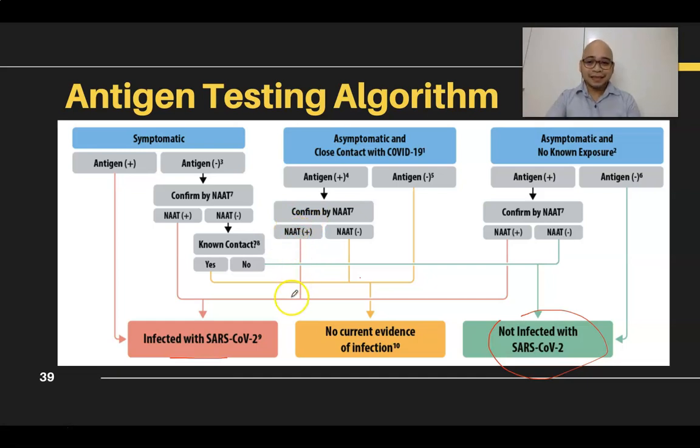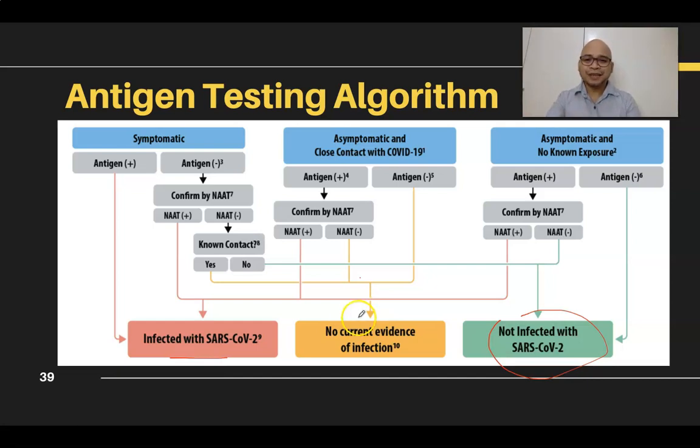And if you're positive, it means that indeed you are infected with SARS-CoV-2. But if you are negative after confirmation, it means that you are not yet infected. No current evidence of infection. You may be infected in the future. You may not be infected in the future.